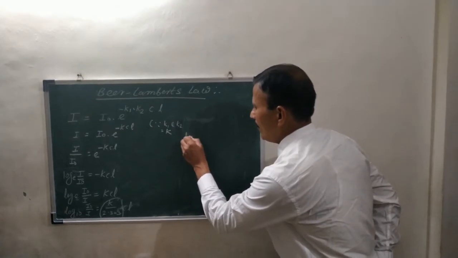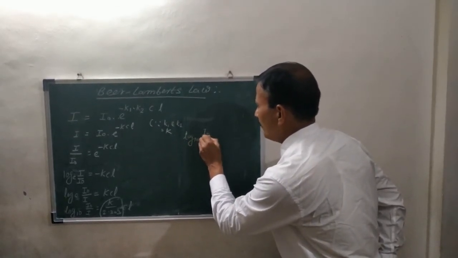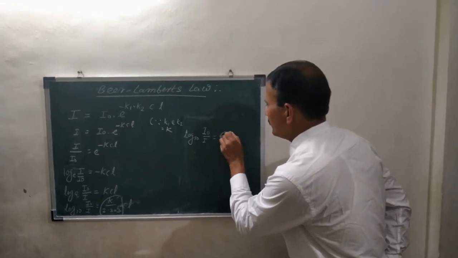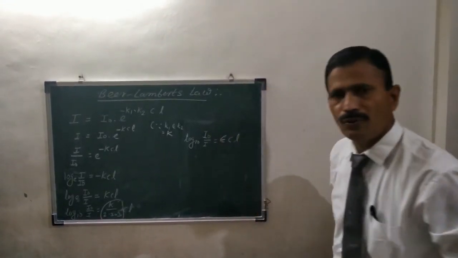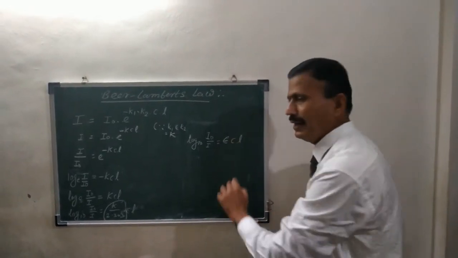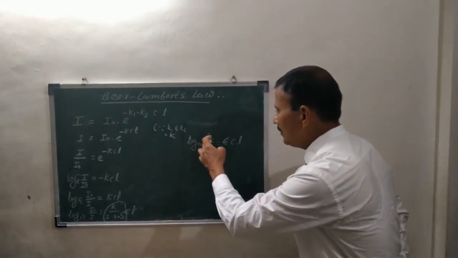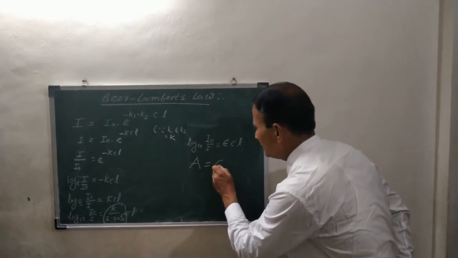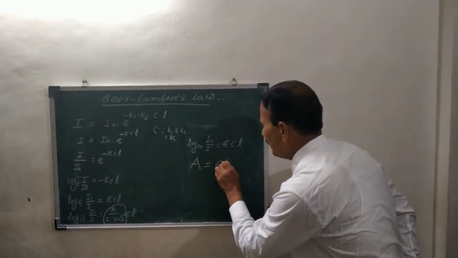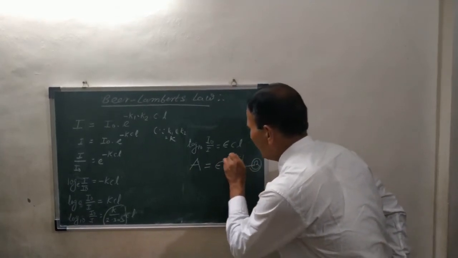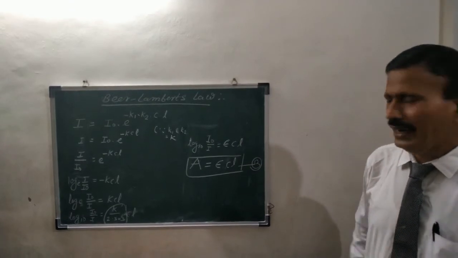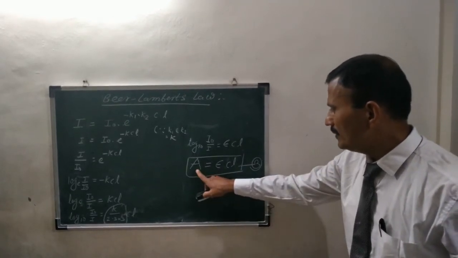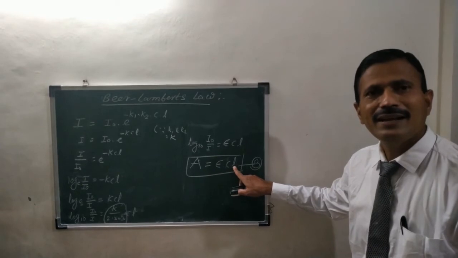So log to base 10 of I0 upon I is written like this: epsilon C and L. This new constant K upon 2.303 is called epsilon, and log to base 10 of I0 upon I is called absorbance, written as capital A. So A is equal to epsilon C L. This is the combined equation of the Beer-Lambert law, and it is clearly seen that absorbance is directly proportional to concentration and path length.